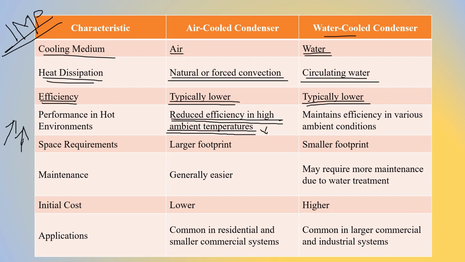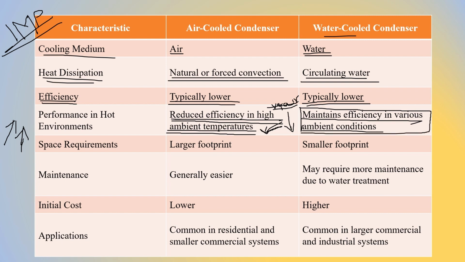In air cooled condensers, the ambient air that we are providing to the condenser should have a lower temperature than the vapor refrigerant. That's why it is only suitable in cool temperatures. Water cooled condensers maintain efficiency in various ambient conditions. It doesn't get affected by environmental conditions.